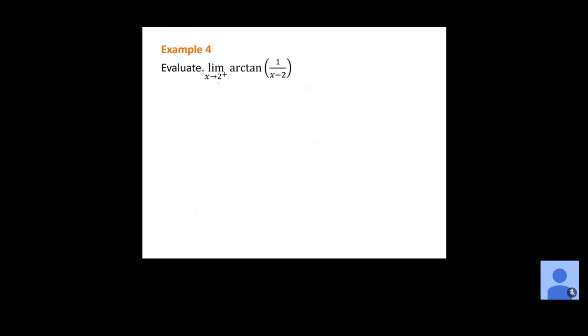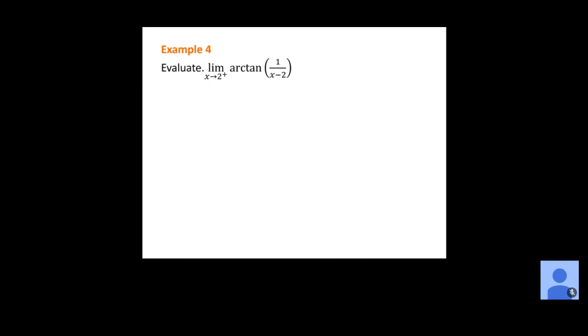As x approaches 2 from the right, what's happening to the value inside of your arctangent here? It is going to be a positive value, right?